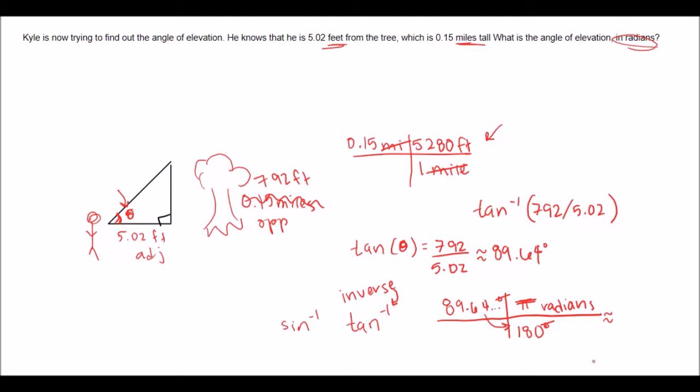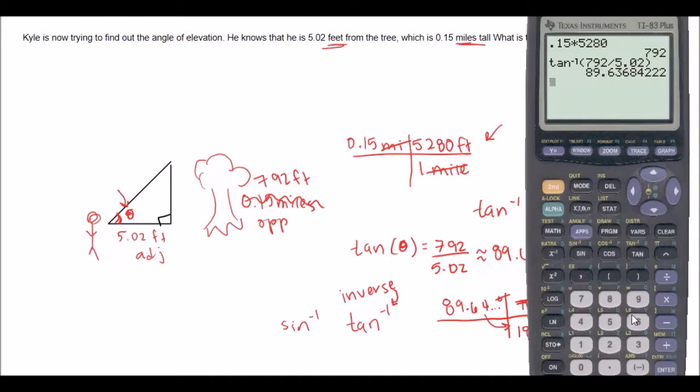So if you plug that into your calculator, you're going to do that divided by 180. You get about 0.498.